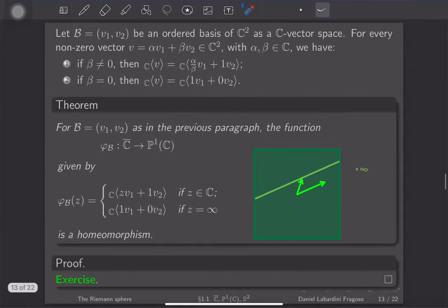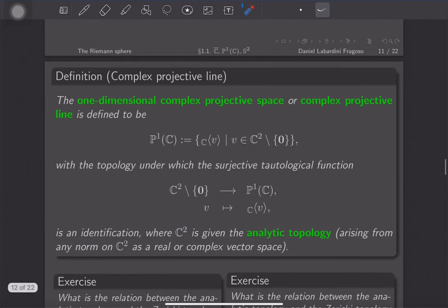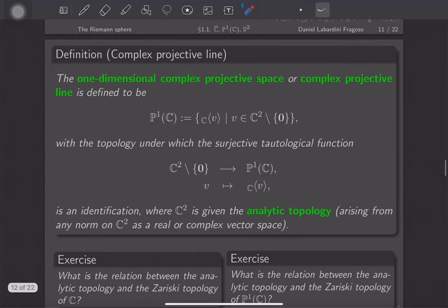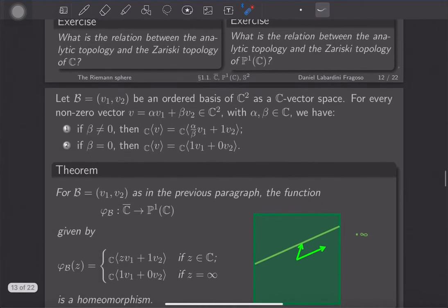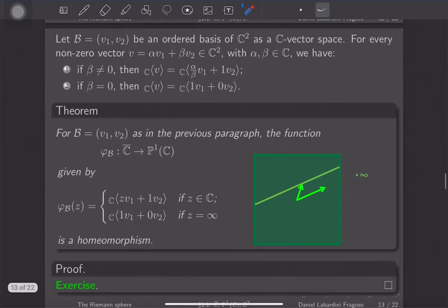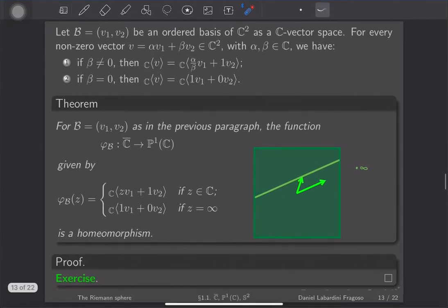All right, and now I'm going to describe the points of the complex projective line in a slightly more concrete way than this one. I'm going to describe them in a way that allows me to obtain certain natural parametrizations of the complex projective line, and that at least allows me to justify why I'm calling it a line.